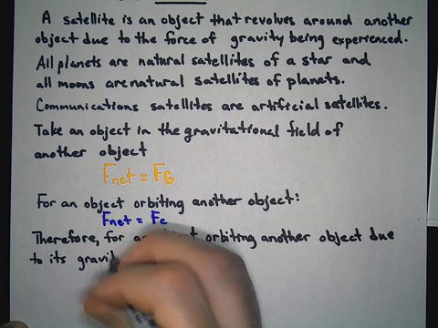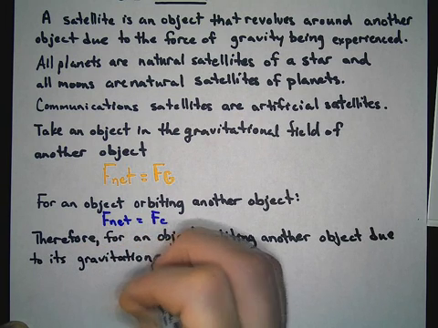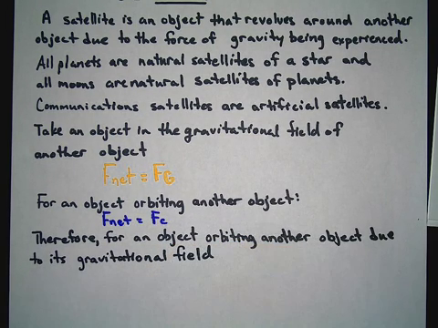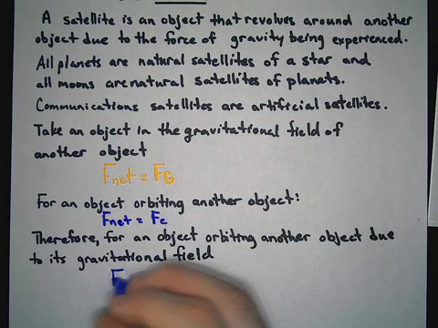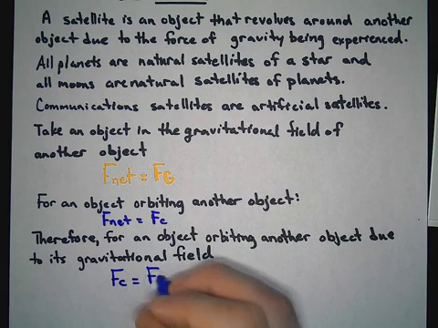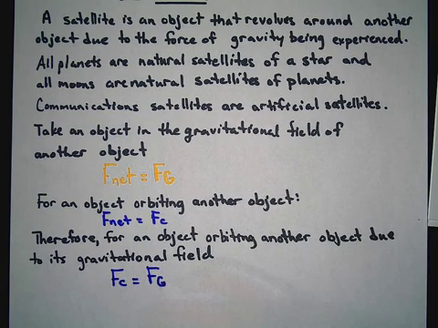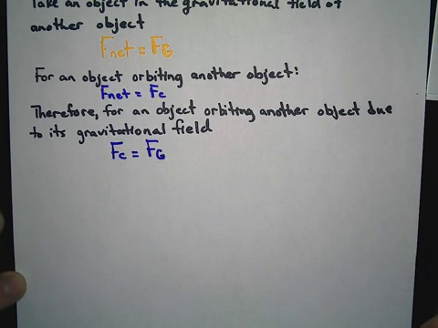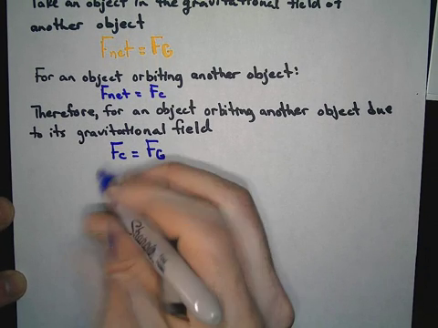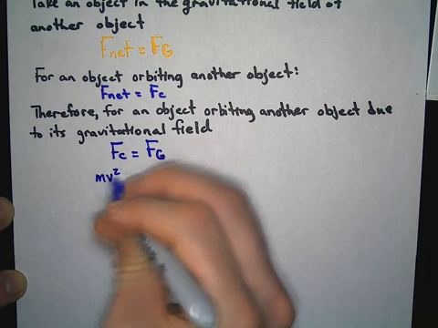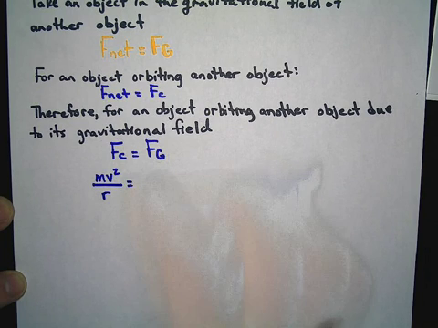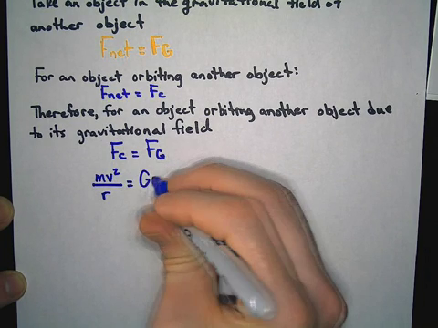Recall from Unit 1 that Fc, our centripetal force, is mv squared over r, while our Fg will be G m1 m2 all over r squared. And we're also going to say that this m is our object that's orbiting, that's mass 1.